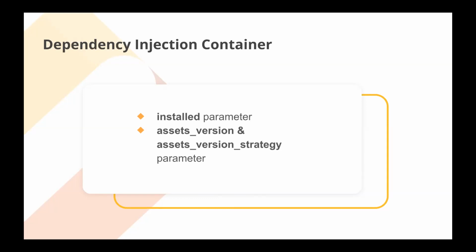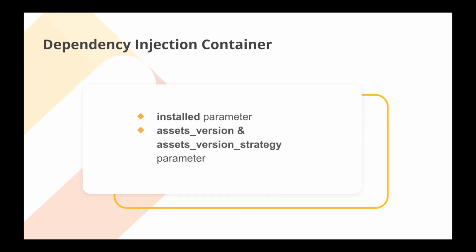So you had to go to the parameters YAML, change the value, reload the cache, and so on. And as it was a really big issue and many developers wasted time, we decided to remove this parameter, and now the application relies on a service that knows whether the application is installed or not, and the state is stored in the database, so you don't have to manage it manually anymore. It's set automatically during the installation.